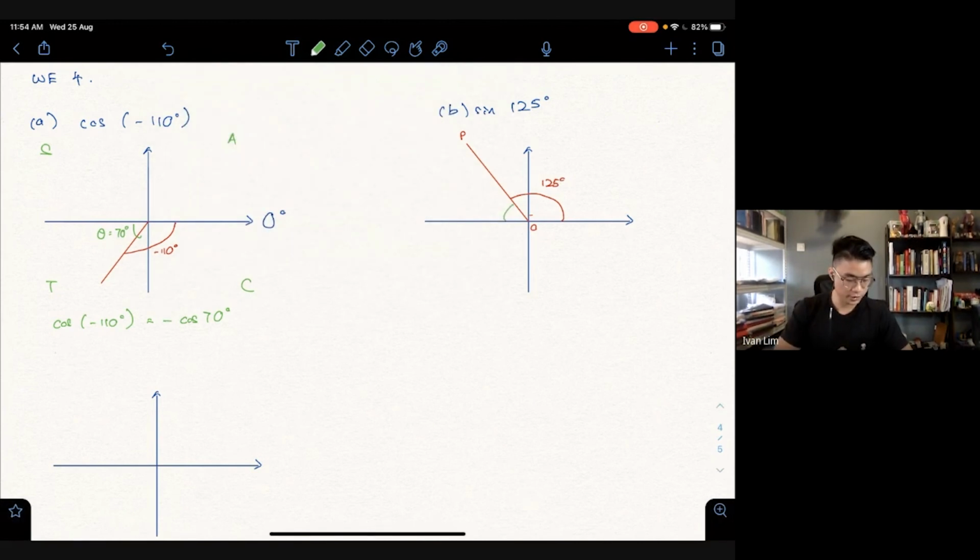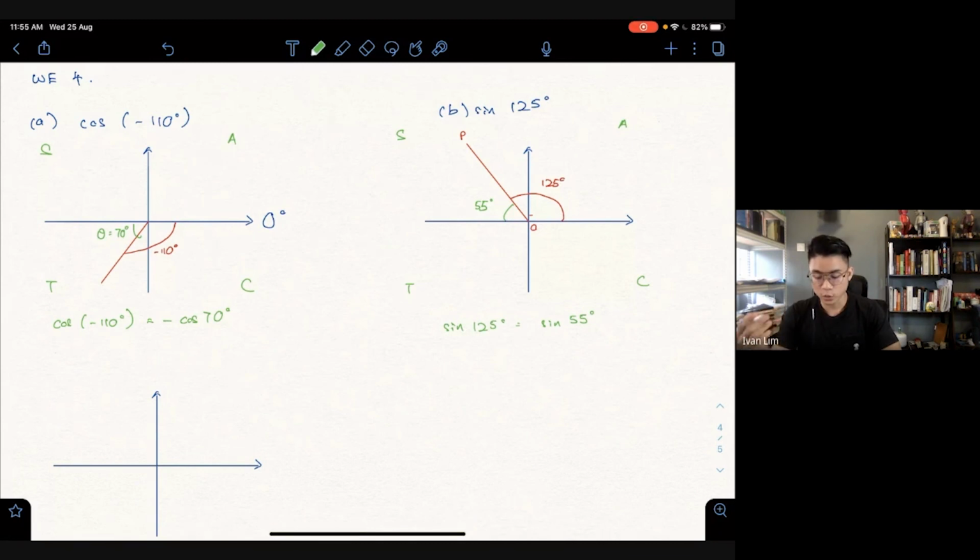It will be 180 minus 125, which is 55 degrees. We want to find the value of sine 125 in an acute angle. So sine 125 degrees will also equal sine 55 degrees. Then we check, is it positive or negative? In the second quadrant, sine is positive. Therefore, sine 125 is equal to sine 55 degrees.